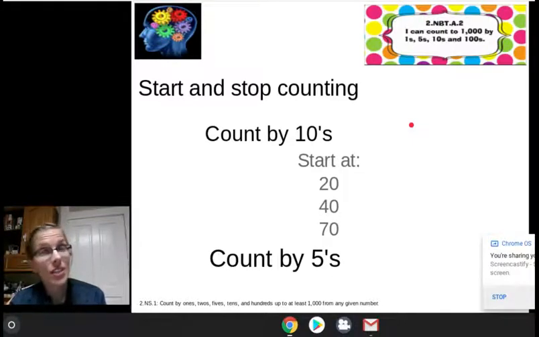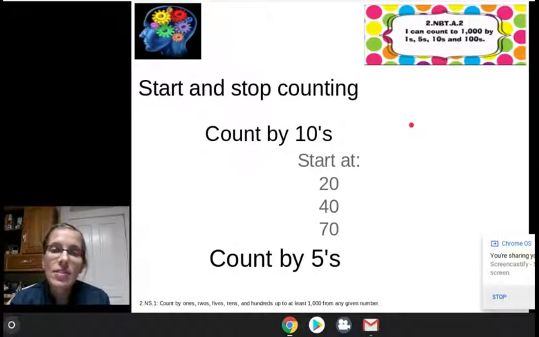Now start at 70. 70, 80, 90, 100, 110, 120, 130, 140, 150. We could keep going.